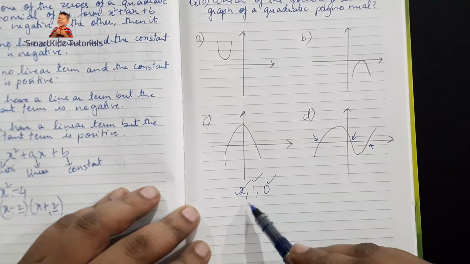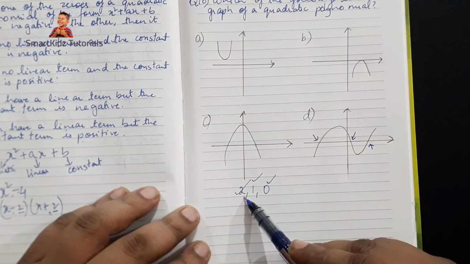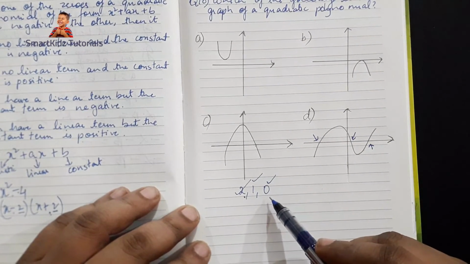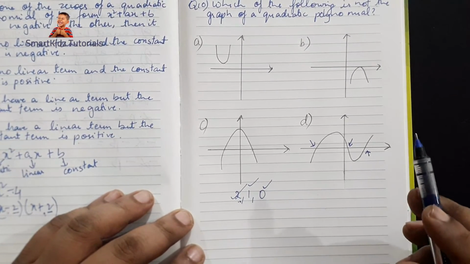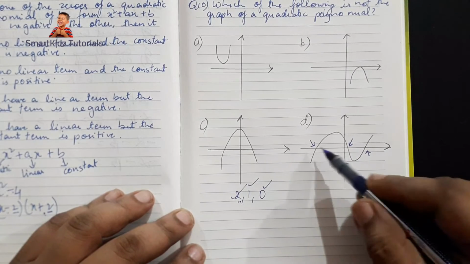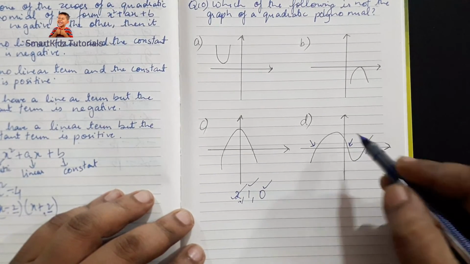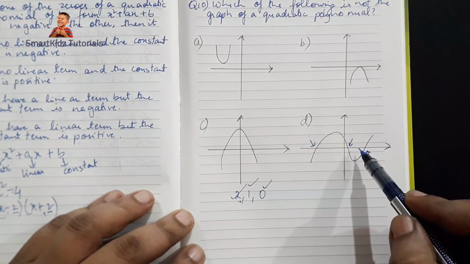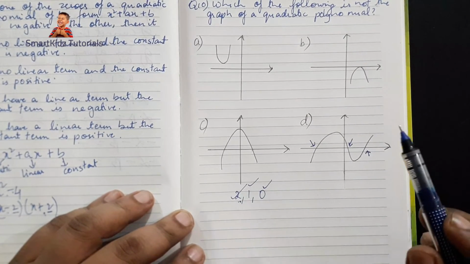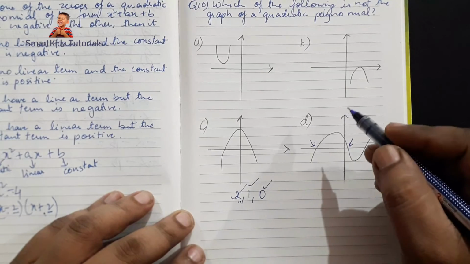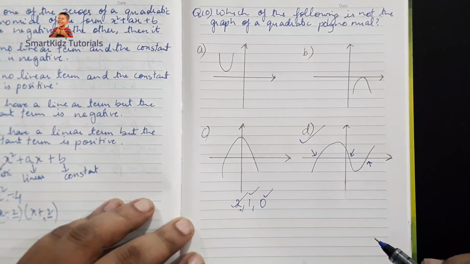Quadratic polynomials can give you a maximum of 2 zeros, or even no zeros. So 2, 1, 0 is what is possible with a quadratic polynomial. Here 3 zeros are possible, so the graph that is not of a quadratic polynomial is D. So D is the choice.